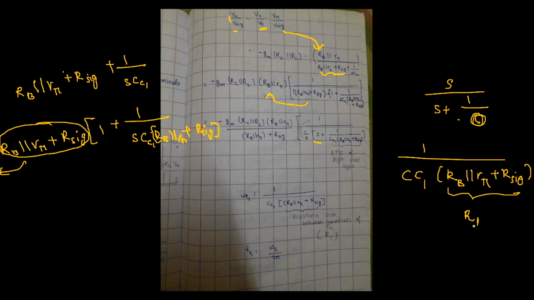This is the resistance that is actually seen from across the terminals of the capacitor. So we label this as omega P1 and FP1 because we are taking three different cases. So we get omega P2 and FP3 later on. And all of them will be plotted on the Bode plot, and they're all different places where the graph tips.